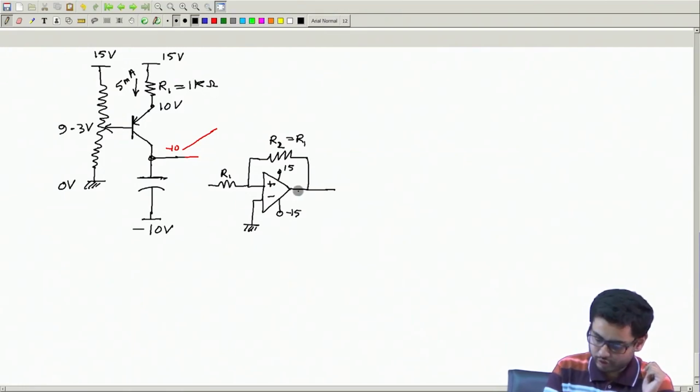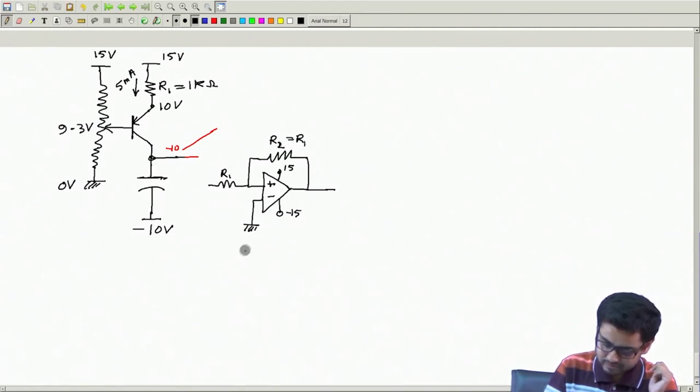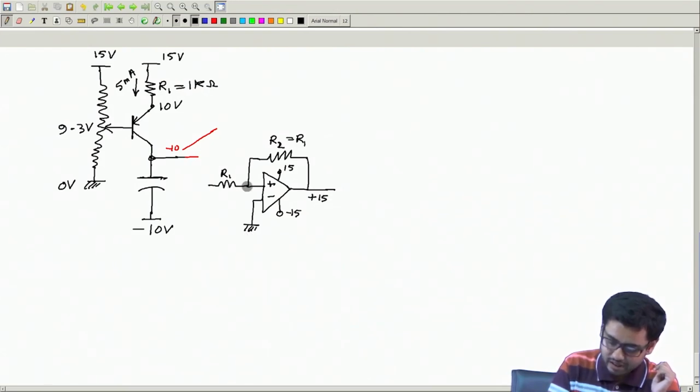So to do that, if this is 15 volt, so at any moment if this is plus 15 volt, then I want to make it above. If this is minus 15 volt, I want to make this point at 0 volt.